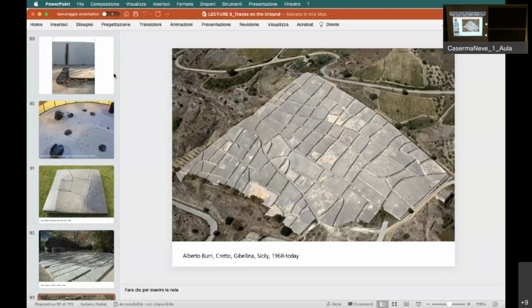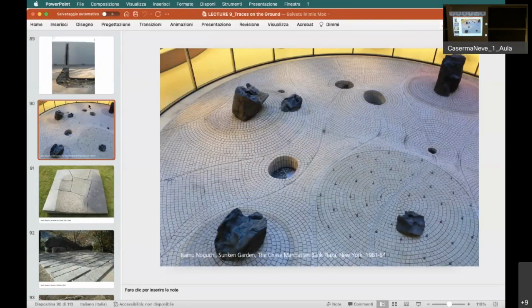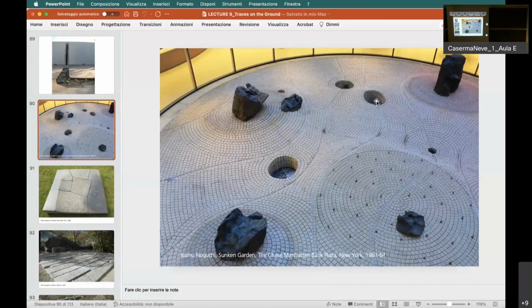Of course, the Noguchi landscapes are landscapes for contemplation, actually more works of art than landscapes themselves. But we couldn't have Peter Walker without some Noguchi, you know what I mean?